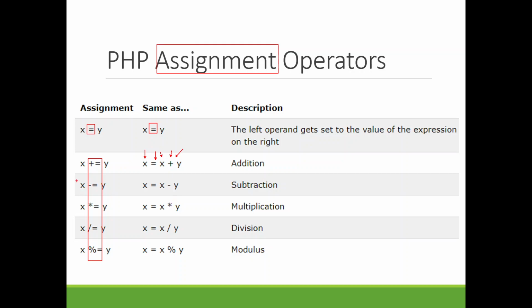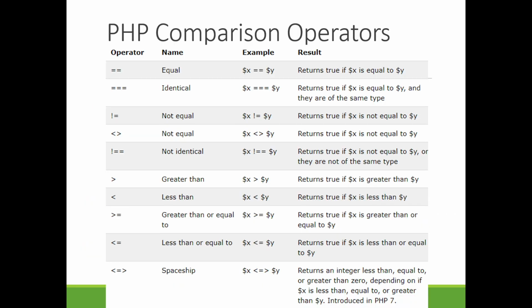Similarly, if you do x minus equals y, it simply means x equals x minus y. Sometimes we use the assignment operator together with those arithmetic operators to create short forms of those formulas. Then we have comparison operators.